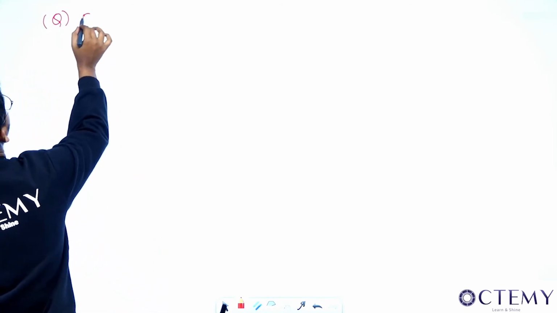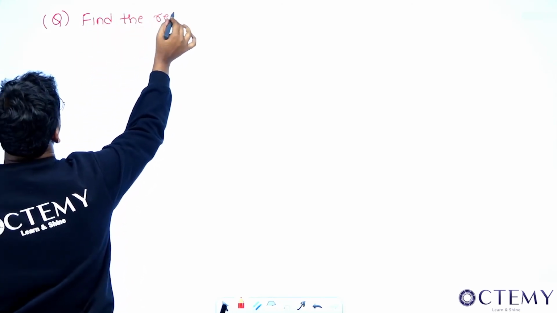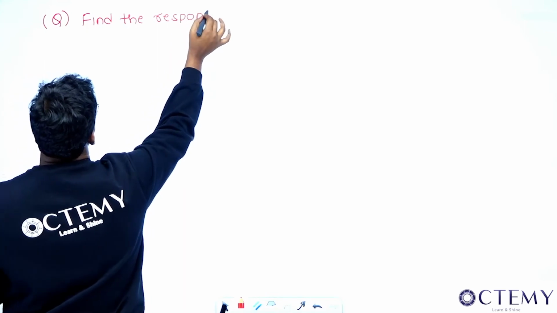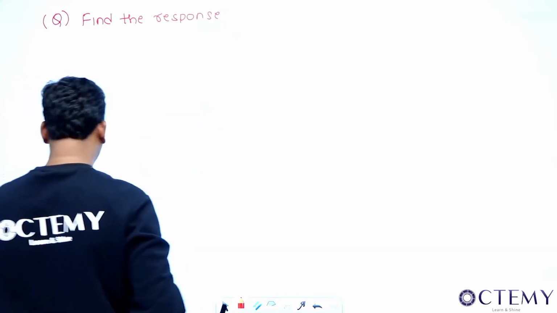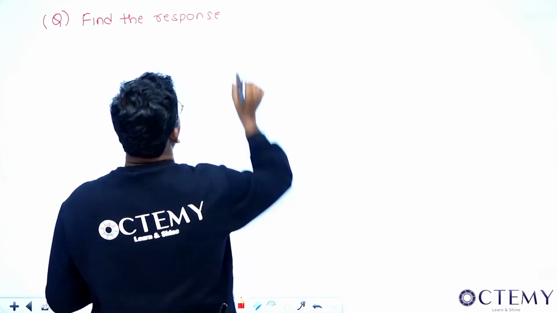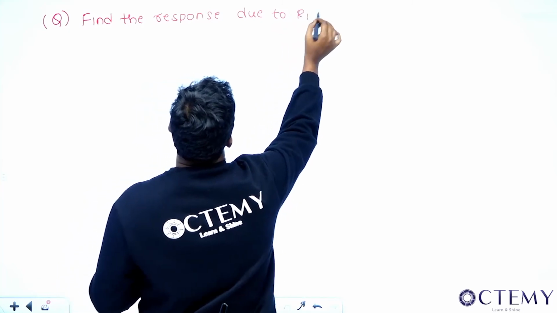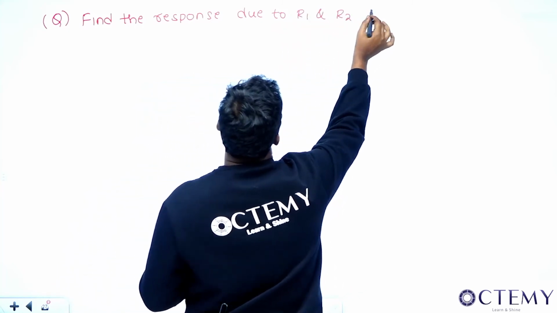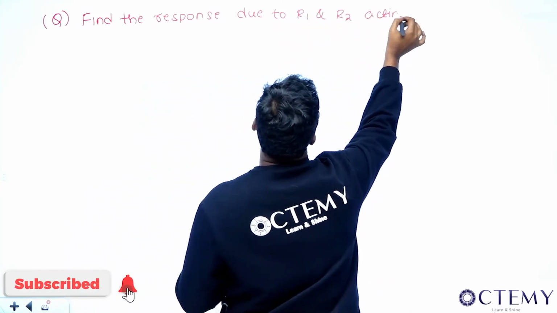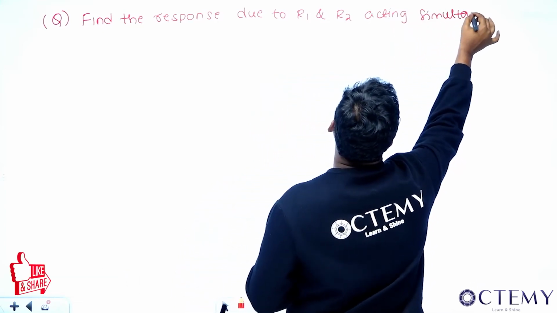If I apply rule 8 and if I see sir what I gave you, find the response due to R1 and R2 acting simultaneously.